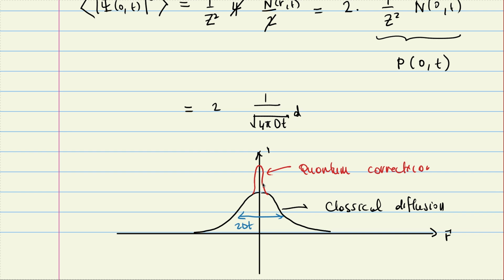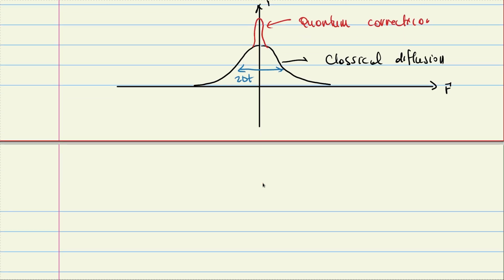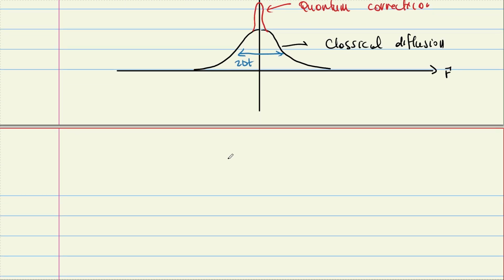And if the probability to be transported is reduced, that means conductivity should decrease. So the correction to conductivity is negative because of this interference effect. So that means reduced conductivity sigma.